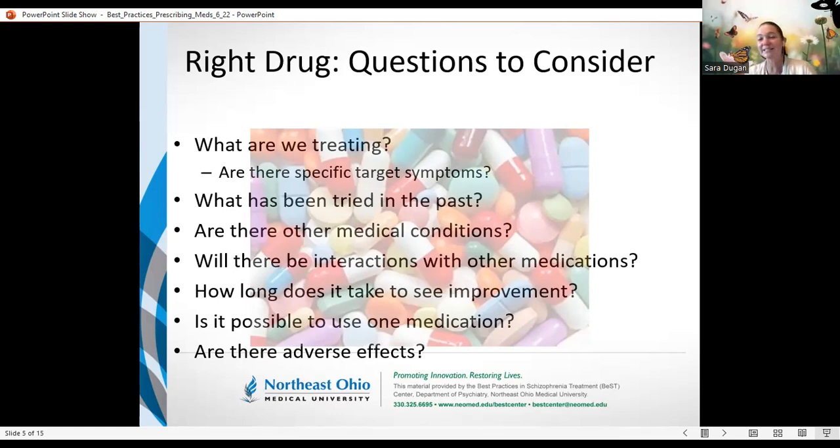Ideally, we would like to see a medicine that works quickly. That's not always going to be possible. So is the patient able to wait? If it's an anxiety disorder, many of our anxiety medicines that work long-term take some time to work. Is that okay? Or is that anxiety so much that the patient's having a lot of issues with other behaviors or other symptoms where we need something that's going to be a stopgap measure to really help acutely?